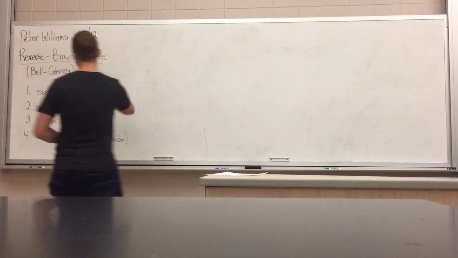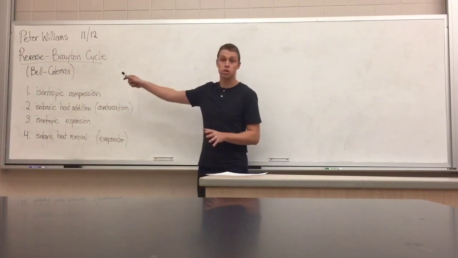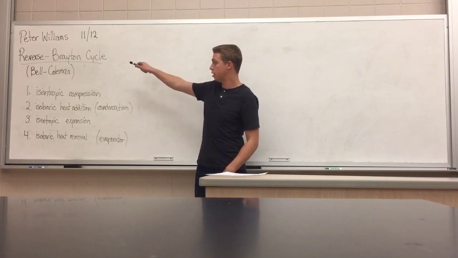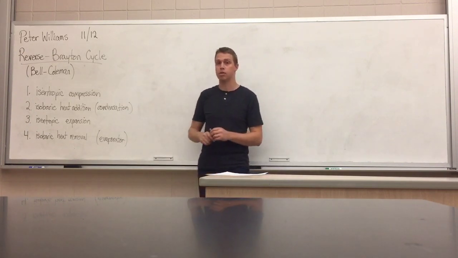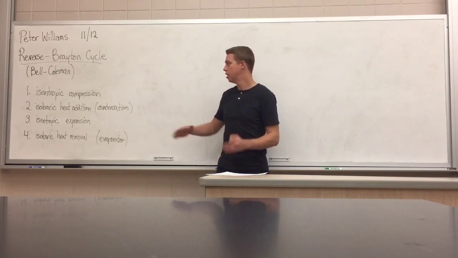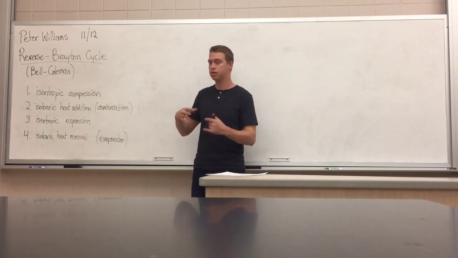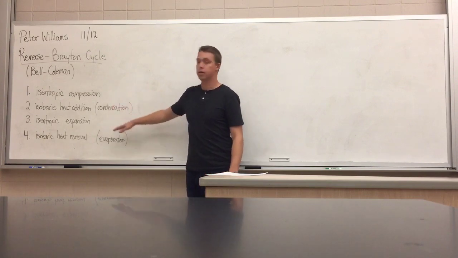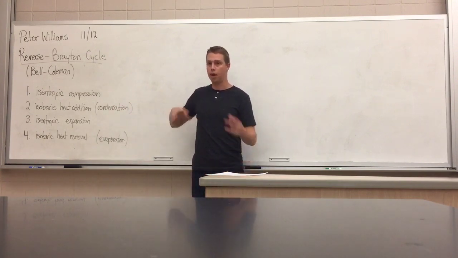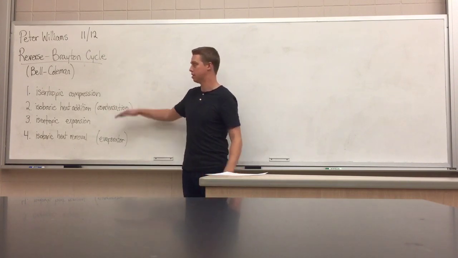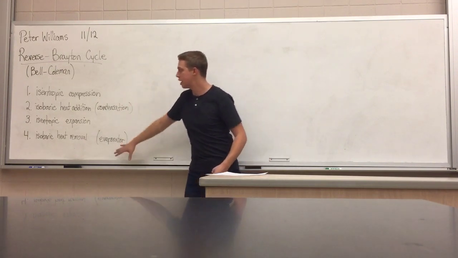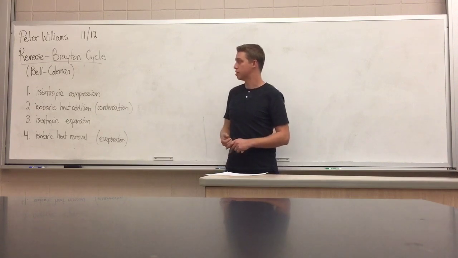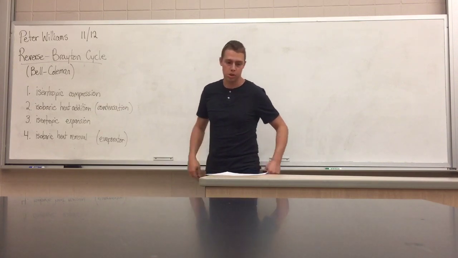Okay, so these are the basic steps of the reverse Brayton cycle. If you wanted to study the Brayton, you would do the exact opposite. And again, we talked about this, you'd have to build a whole different machine, because there's an actual physical part in this to do each one of these steps. And you would need the part that does the opposite of this step in order to build the Brayton cycle machine. So these steps are for the reverse Brayton cycle machine, or the Bell-Coleman machine.